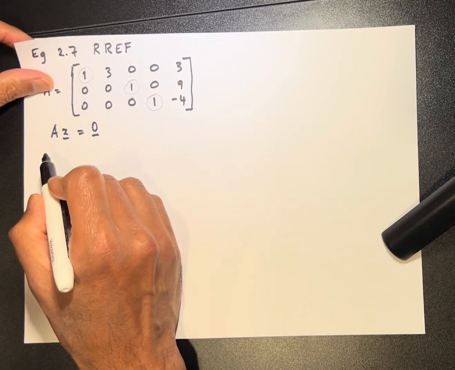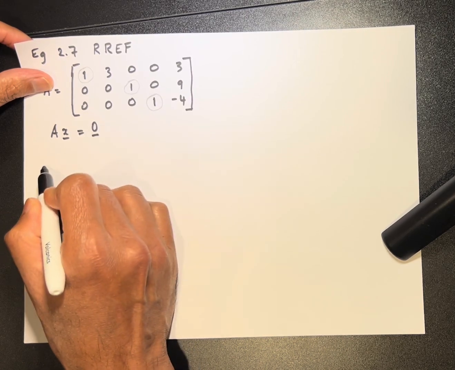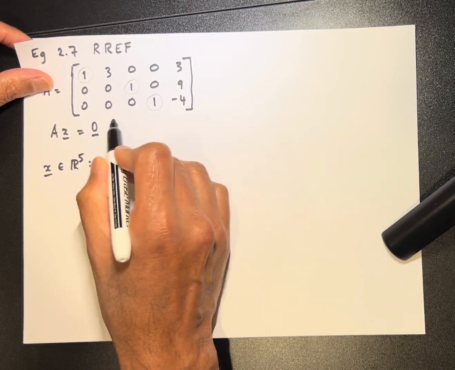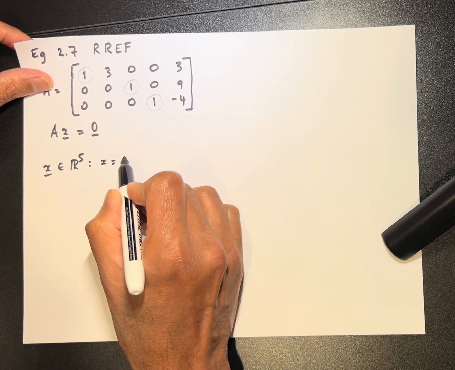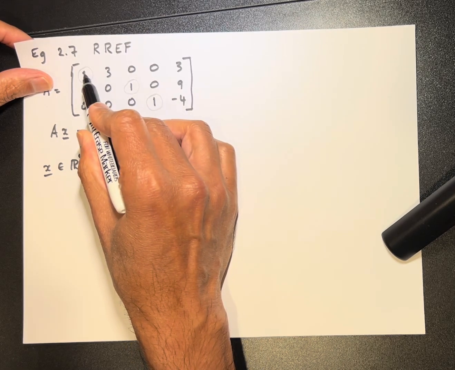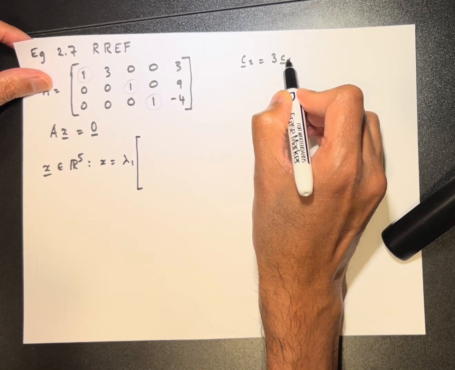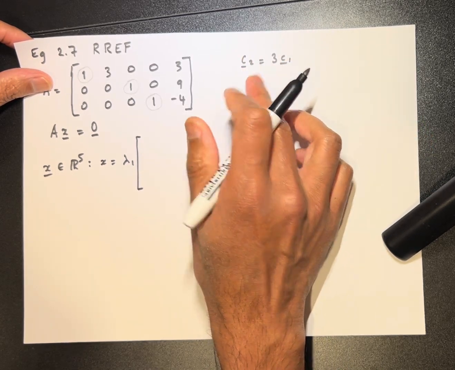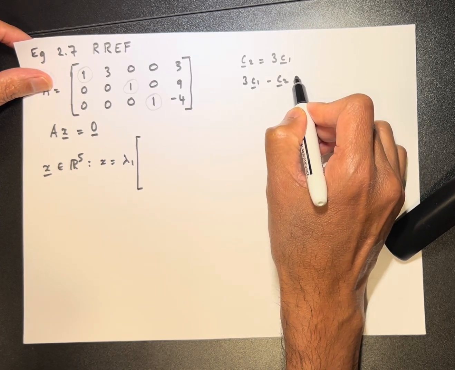So the general solution will be of the form x belonging to R5, such that, because the particular solution is 0, so you don't write it, x equals lambda 1 times, and you know C2 equals 3 times C1, so 3C1 minus C2, and everything else is 0, so I'm not going to write 0 C3.